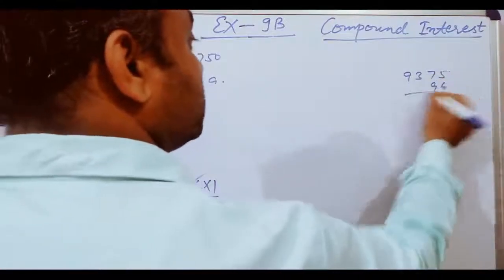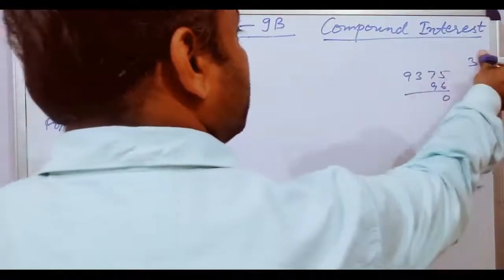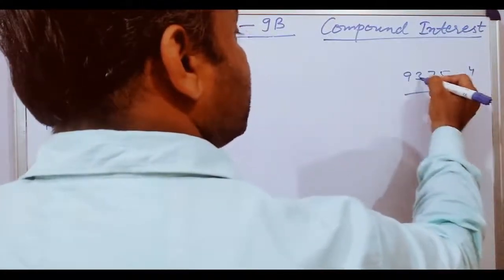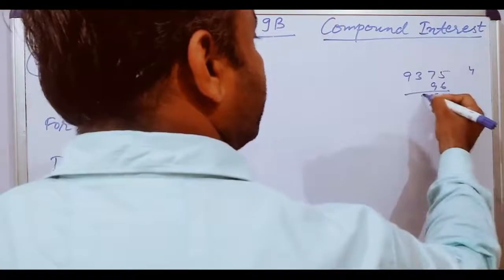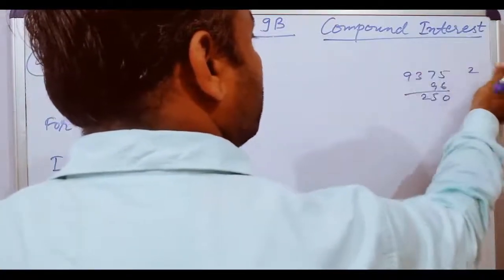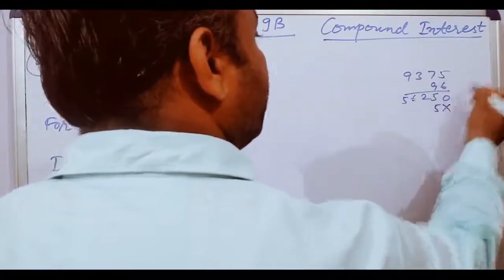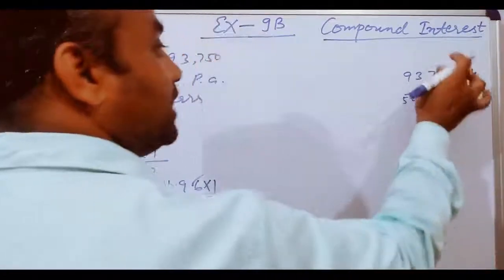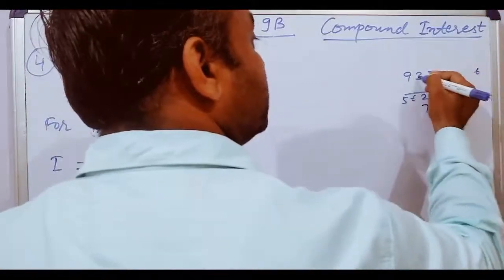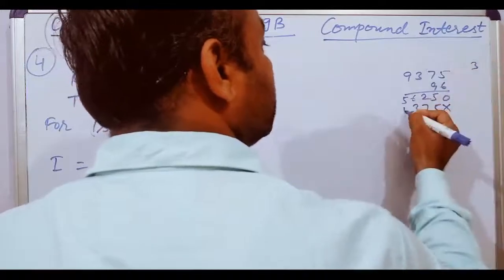Multiplying 96 by 9,375: 6 5s are 30, 6 7s are 42, 45, carry 4, 6 3s are 18, 22, carry 2, 6 9s are 54, 56. Now 9 5s are 45, 9 7s are 63, 67, 9 3s are 27, 33, 9 9s are 81, 84.